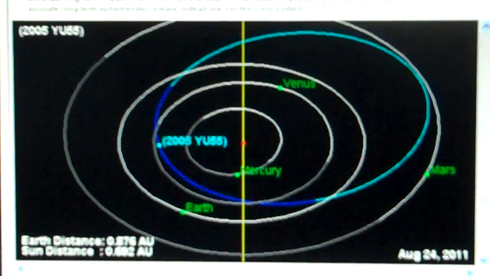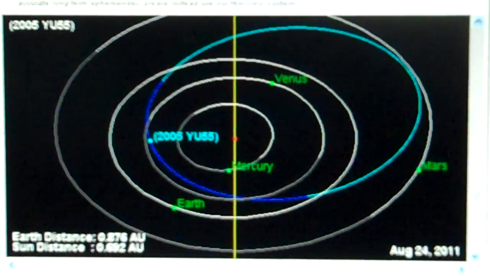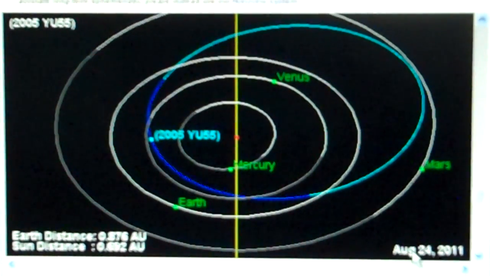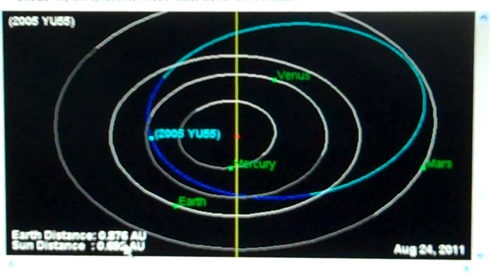Okay, what we have here is 2005 YU55. Today, August 24th, it is 0.876 AU away from Earth. It's over here. I've lined up the next three images so this lines up.